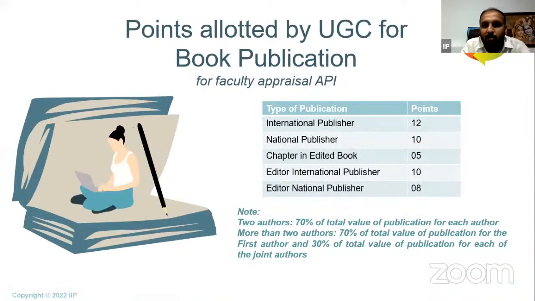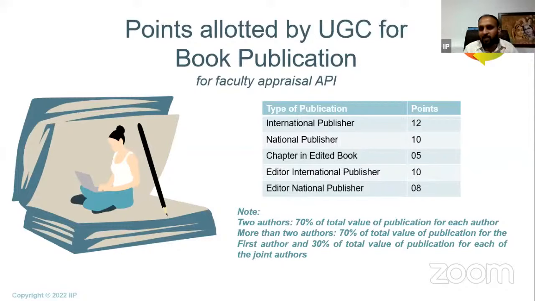Out of that, per book, what points do we get when we publish a book? If the publisher is an international publisher, you will get 12 points. These are the points if you are a single author of a book. In case of multiple authors, I will tell how the calculation will be done.